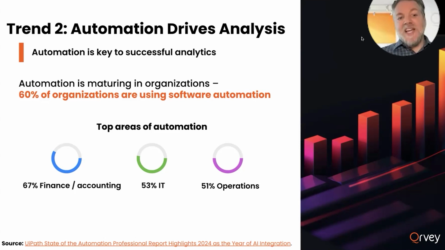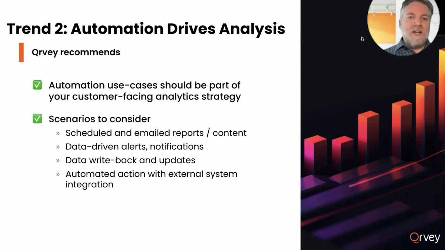And if you're building applications that focus on any of these areas like finance, accounting, IT, or operations, they're already heavily using automation within their organizations. So having that as part of your application would obviously be a very important, critical set of features that you could offer to your customers alongside whatever analytical outputs and capabilities you're delivering to them inside of the SaaS product.